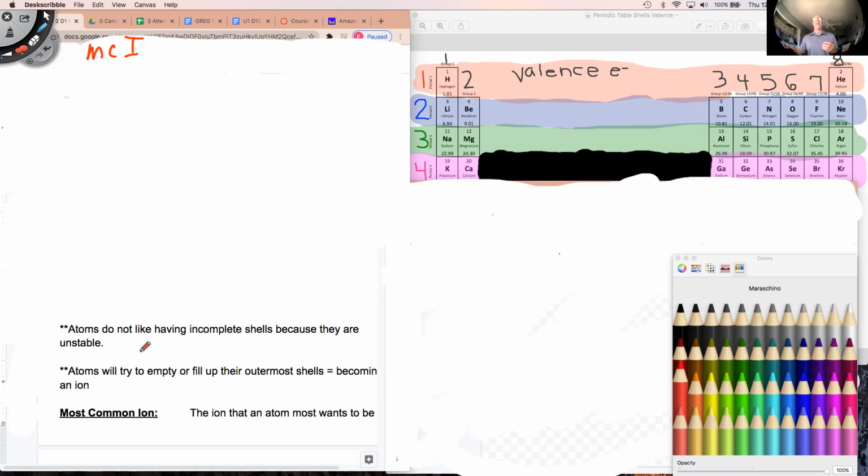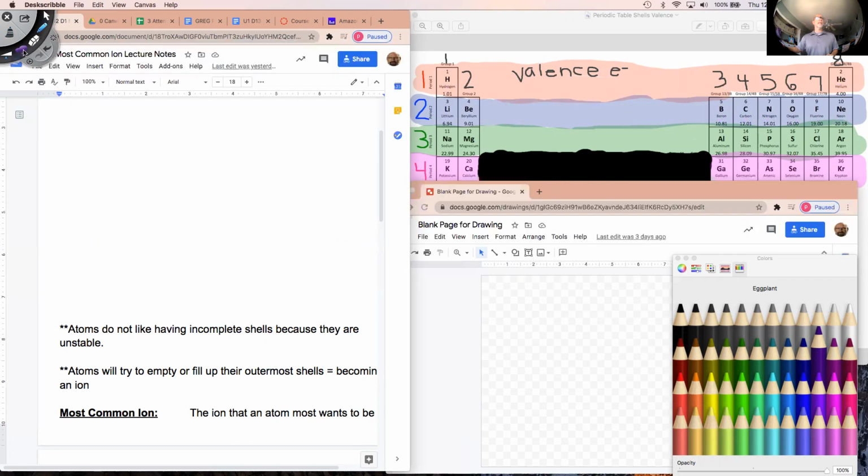Well, atoms want to make sure that they have 8 electrons. Remember we had these 8 electrons going across? So if an atom is right here, and we don't have a complete shell, the atoms are not very happy. But if there is a complete shell, the atoms are, I say happy, but they're more stable because it's all about stability, okay?